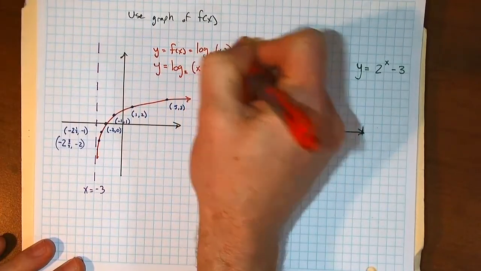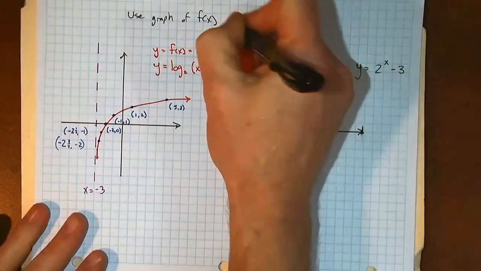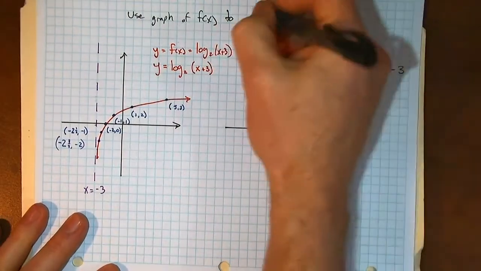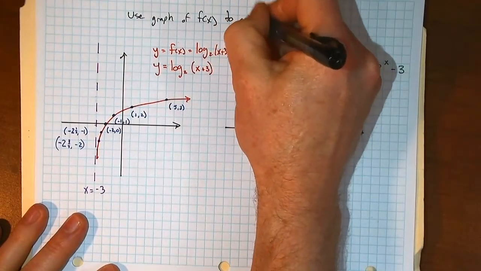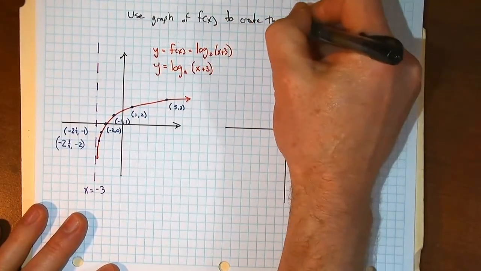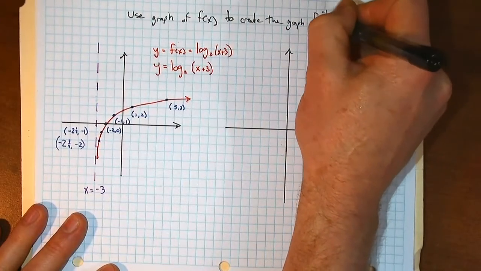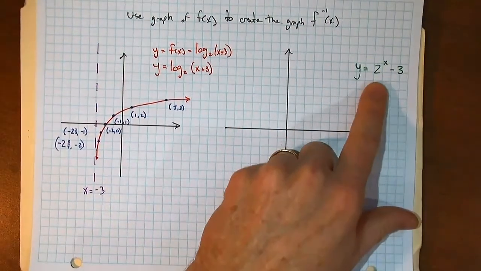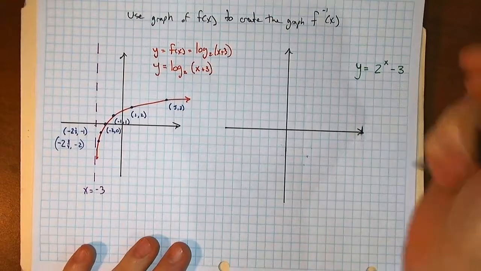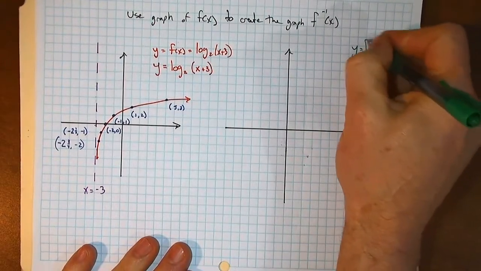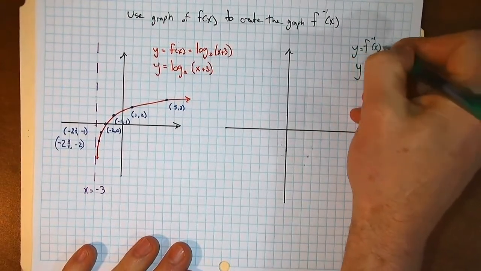That's what f of x is, okay? So we're going to use that graph to create the graph of the inverse of f of x. So that's what I've got here. This would be the inverse of f of x.